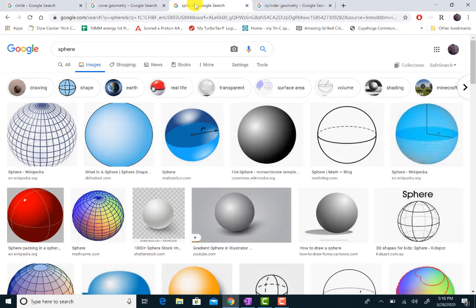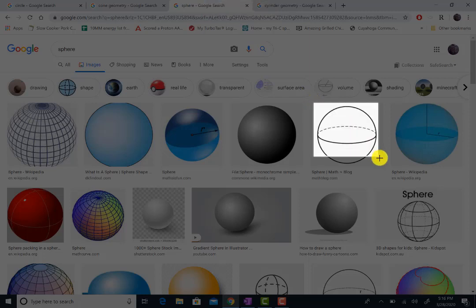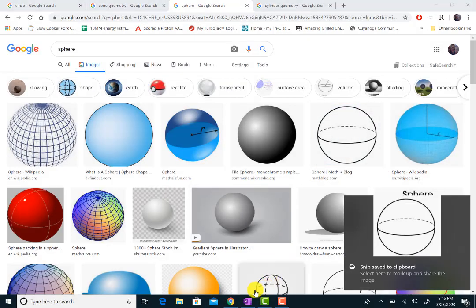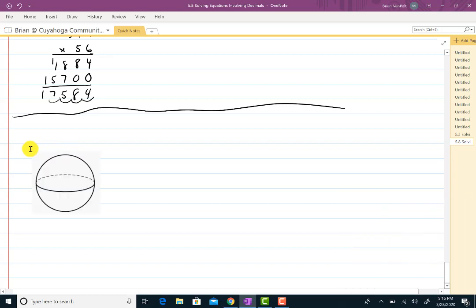Let me go ahead and grab one of those. Notice to draw one of these things, it's no different than drawing a circle, but then inside of it, adding this little half circle and these dots here, give it a three-dimensional view.